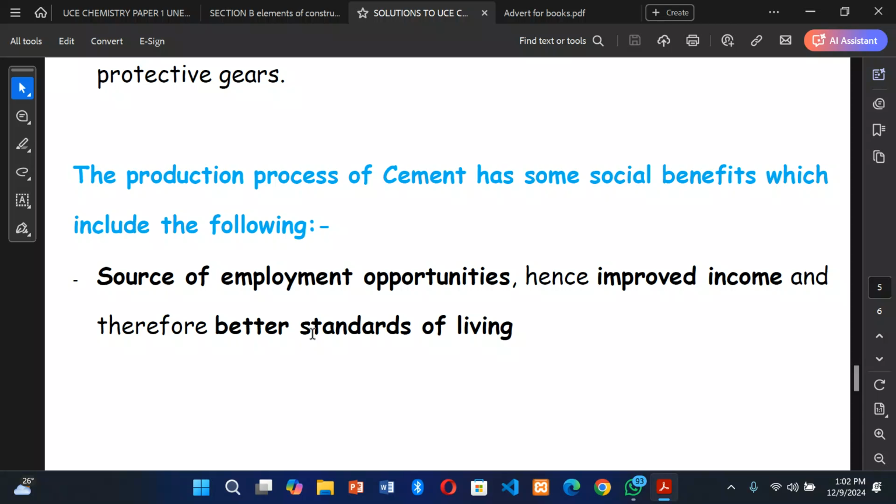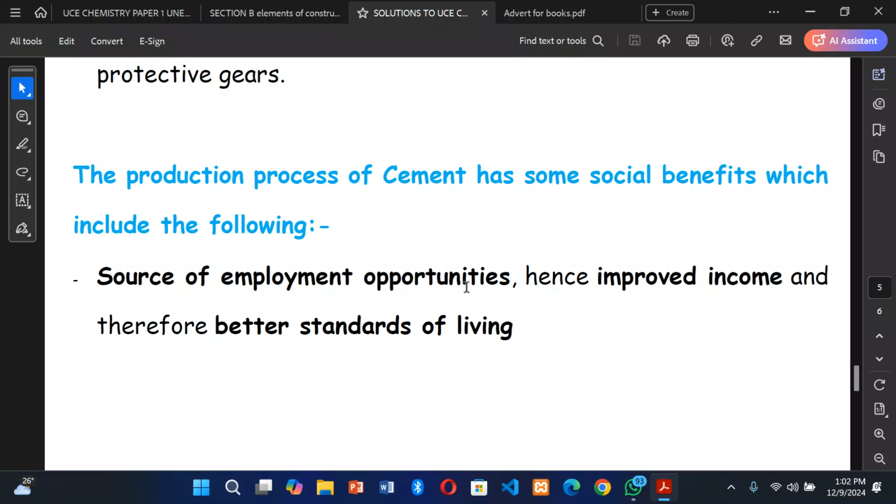In industrial processes, we don't expect any production plant, any industry, to be there and not hire any person. Which means the source of employment opportunity is a must somewhere, somehow.